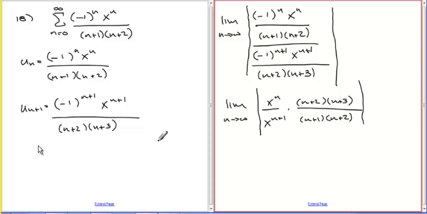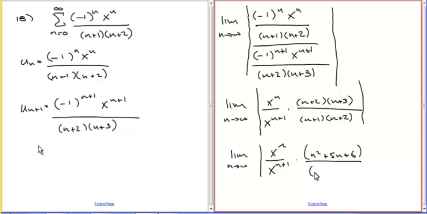Okay. So in this, if I multiplied this thing out, the second part, you'll have n squared plus 5n plus 6 in the numerator. In the denominator, you have n squared plus 3n plus 2.